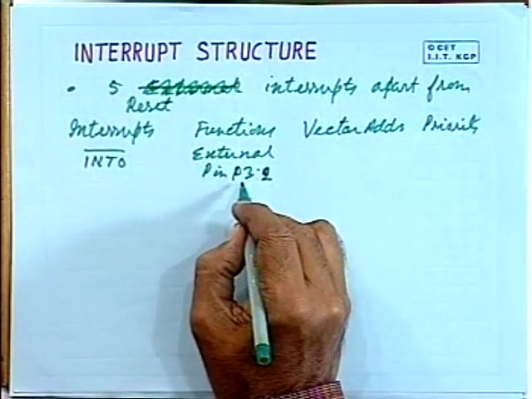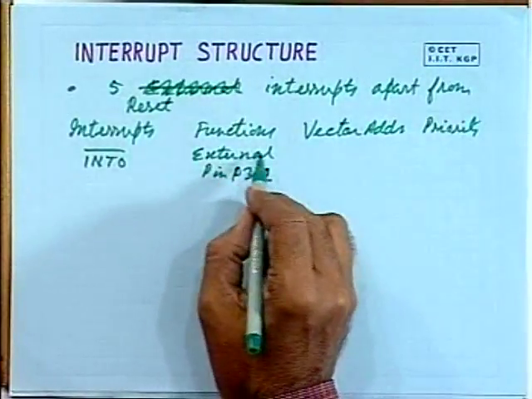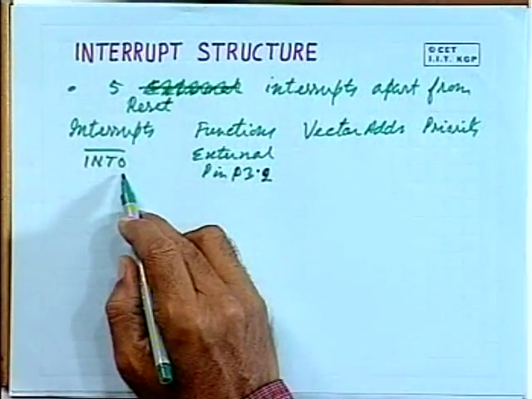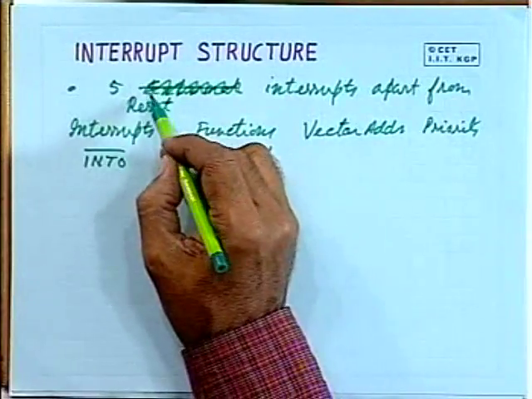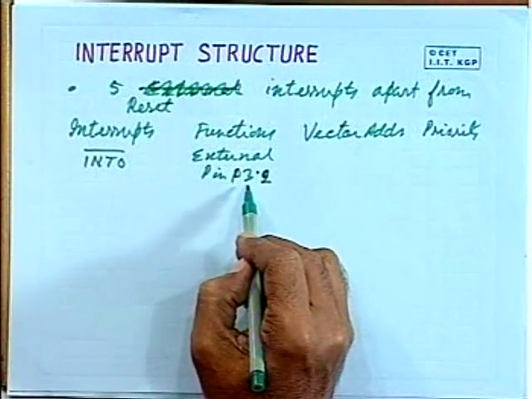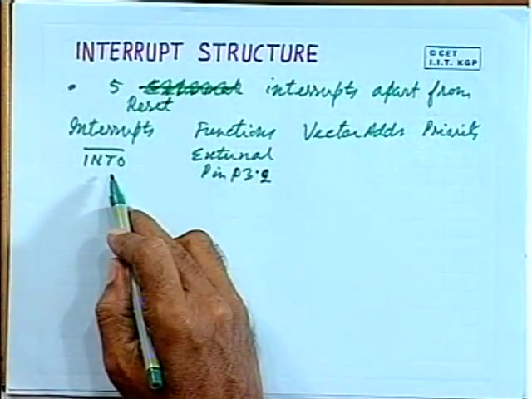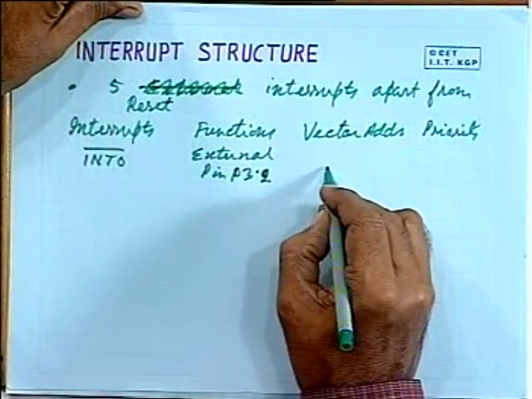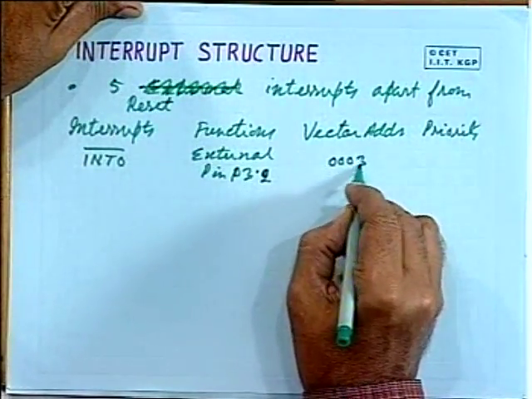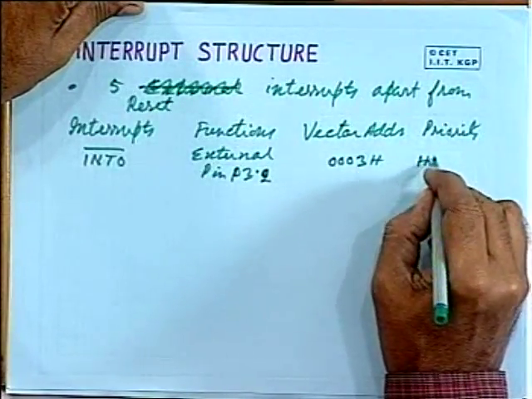So on port 3, pin number 2 is the source of this interrupt 0. You will see that later on we shall discuss in more detail. The port lines are multifunctional. They perform dual functions. So here that port pin 2 of port 3 acts as an external interrupt input, and the corresponding vector address is 0003H, and it has got the highest priority.